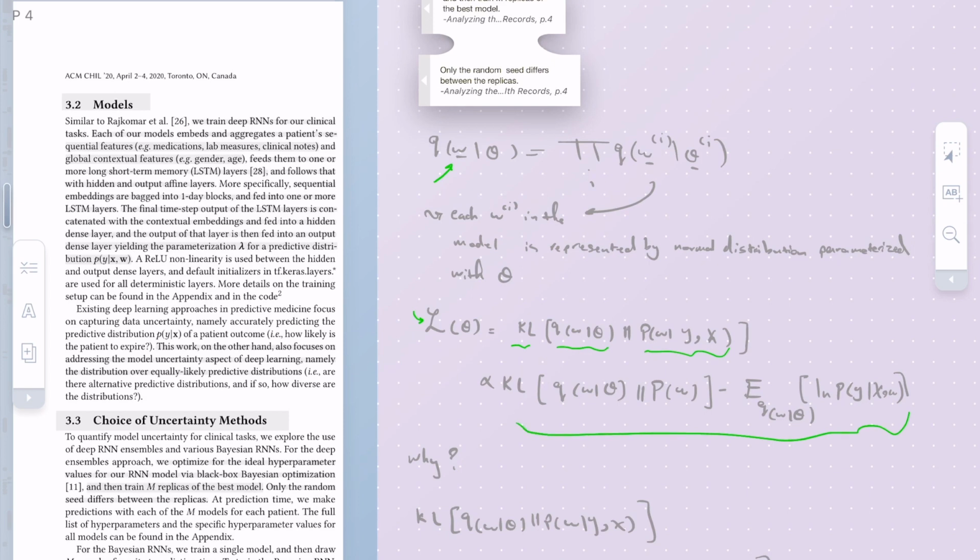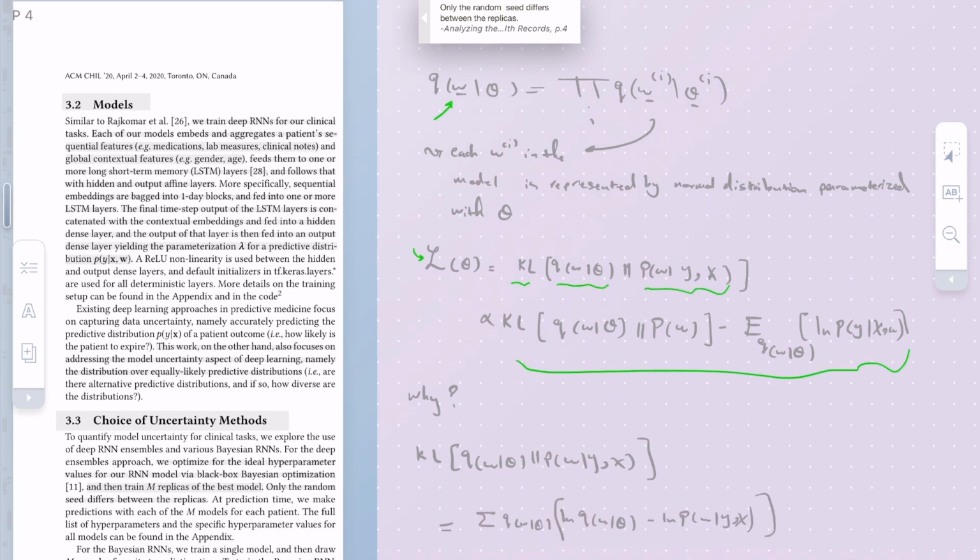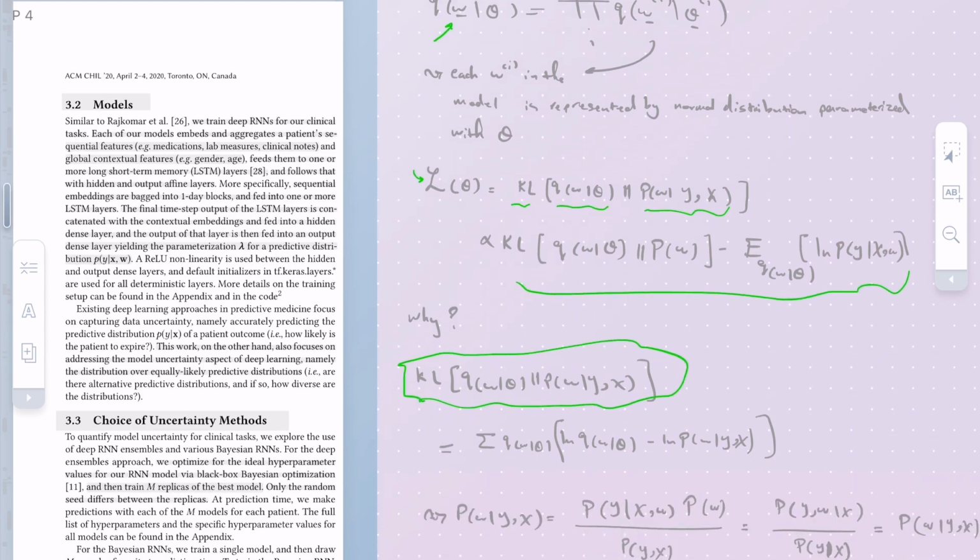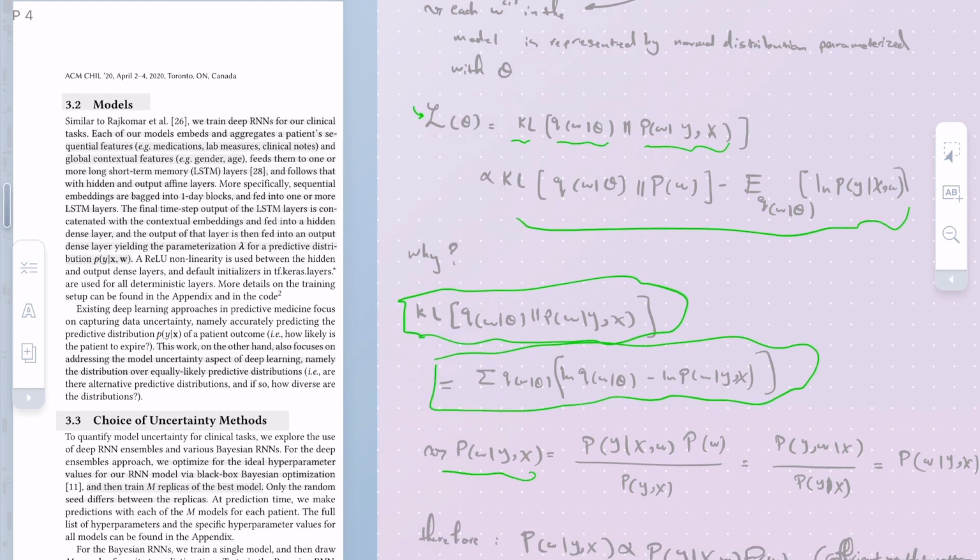Now, why is that the case? If we take the initial KL divergence and expand the equation, we have something like this. If we take the probability distribution of weights conditioned on outcome and inputs, we can use the Bayes rule and get to this.